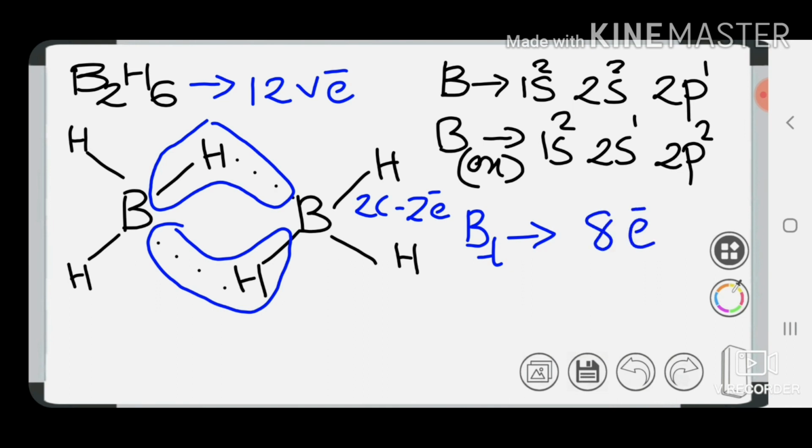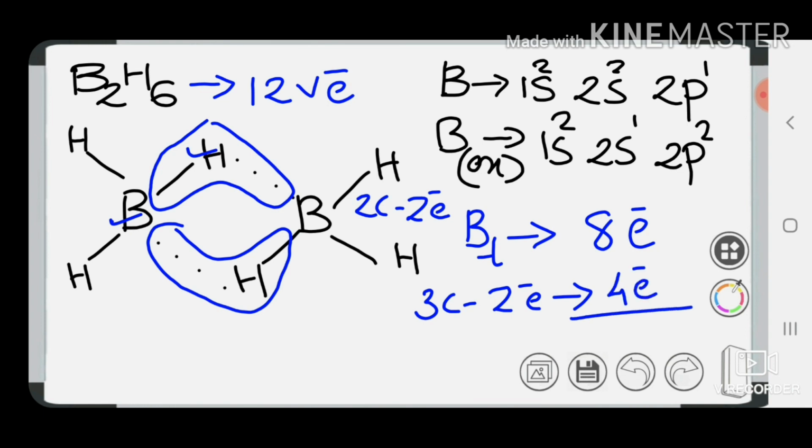Now there are 2 BHB bonds, the bridging bonds. Here you look at the boron atom and the hydrogen atom. 1 electron from the boron atom and 1 electron from the hydrogen atom form a bridge, so it is a 3 center 2 electron bond. The 2 BHB bonds contribute 4 electrons in total.